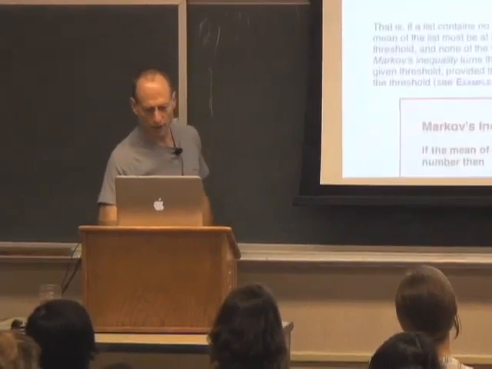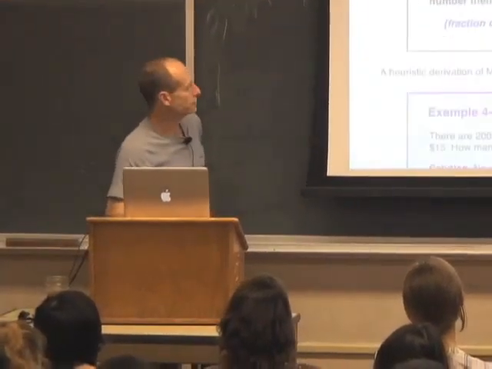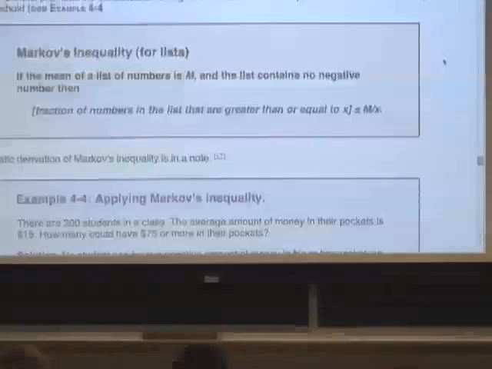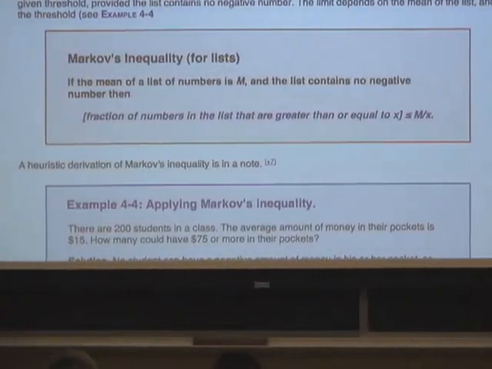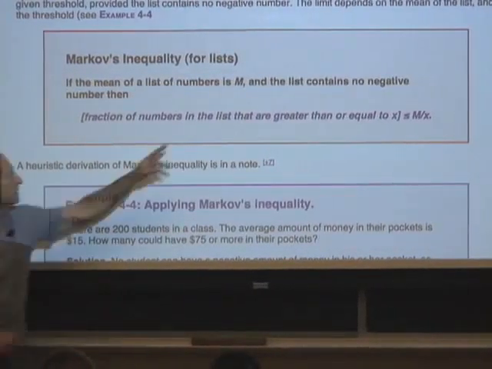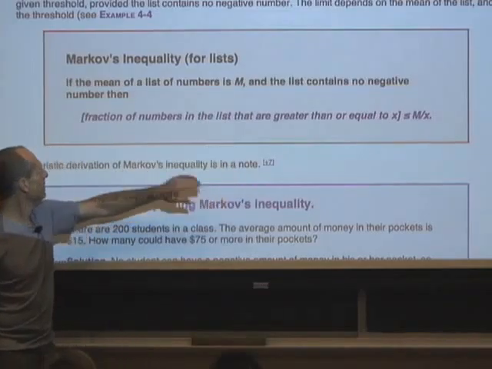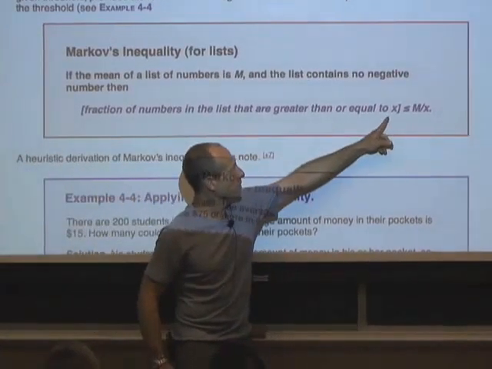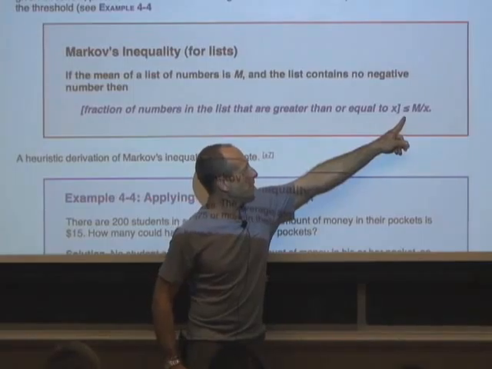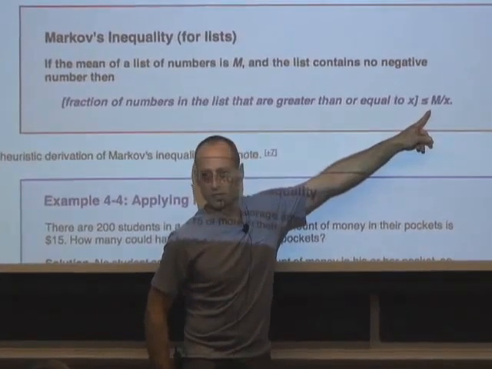Let's make it quantitative. It's basically this. If you have a list of numbers and none of the numbers is negative, and the mean of the list is m, then the fraction of numbers in the list that are greater than or equal to x can't be any bigger than the mean of the list divided by x.